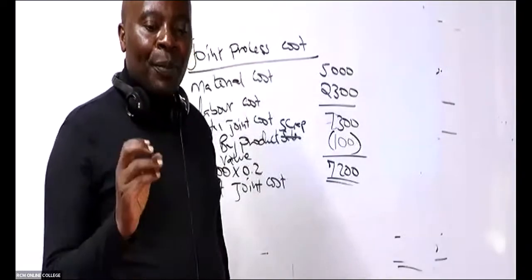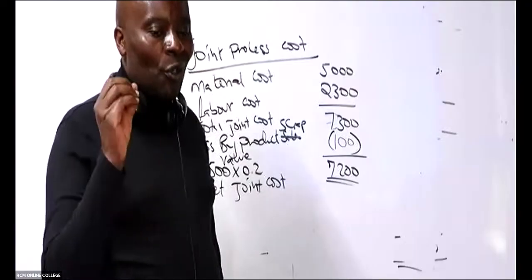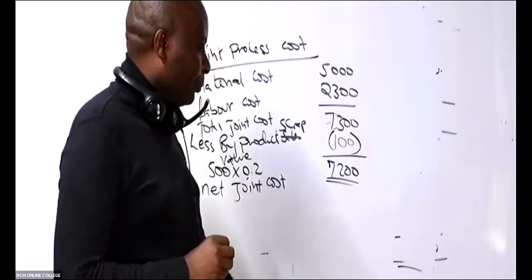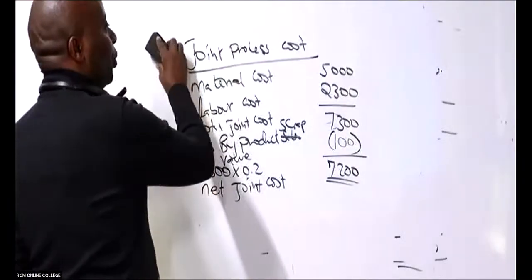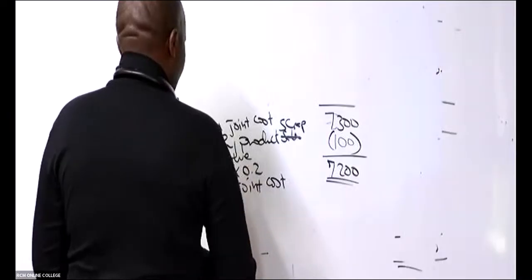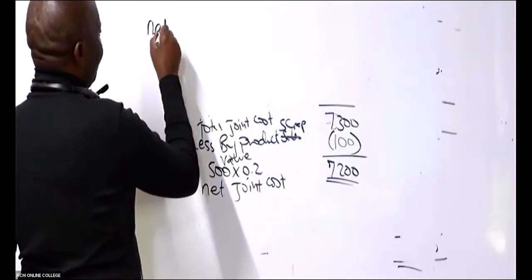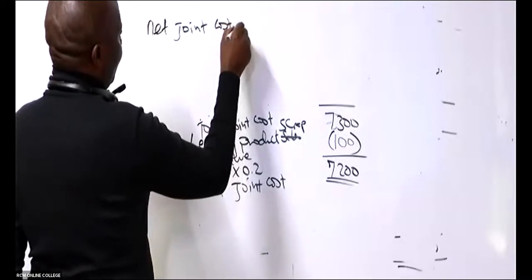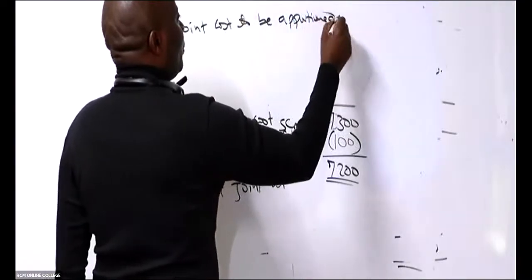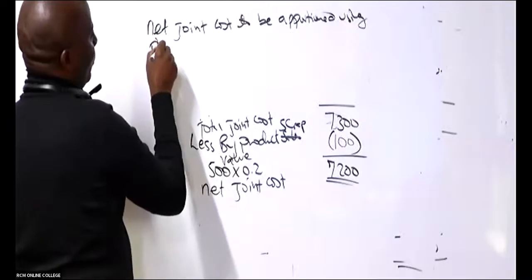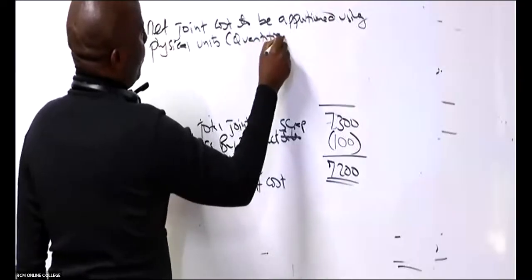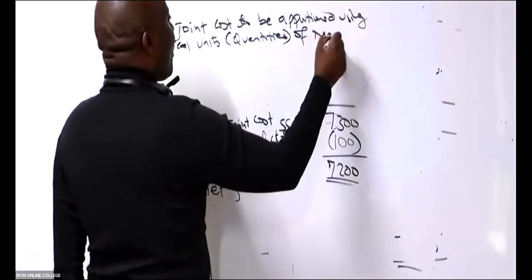Remember here, the examiner wants us to use physical units, so the net joint cost is to be apportioned using the number of units produced, of main products.